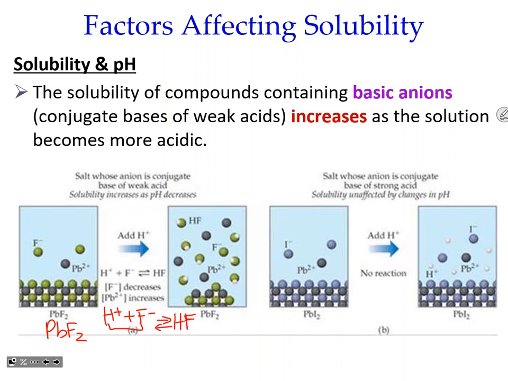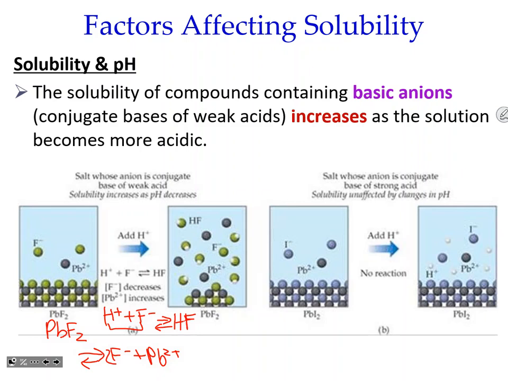There is a little bit of an equilibrium there, but for the most part, it's going to remove the fluoride from the solution. And if you remove fluoride from solution, that's going to make more fluoride as well as the lead dissolve, right? This is the Ksp, where the 2 fluorides plus the lead. So it's going to push it to the right, where you're dissolving more ions, so it makes it more soluble.